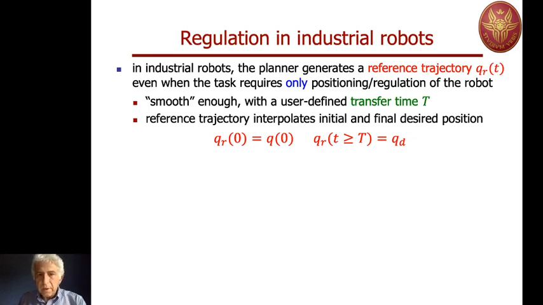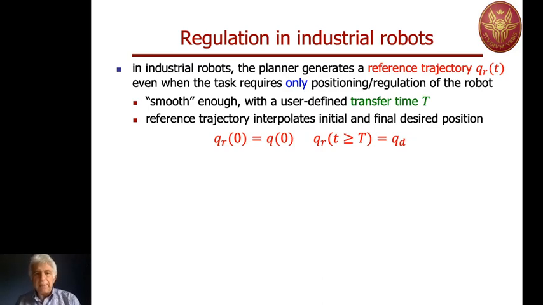Why is this useful? First of all, the reference trajectory can be chosen smooth enough. We have seen that polynomial type function, cubic or quintic polynomial, or even other things. But if we plan a trajectory between one configuration and the other, we can also define a transfer time. So how much we expect to spend in that motion.